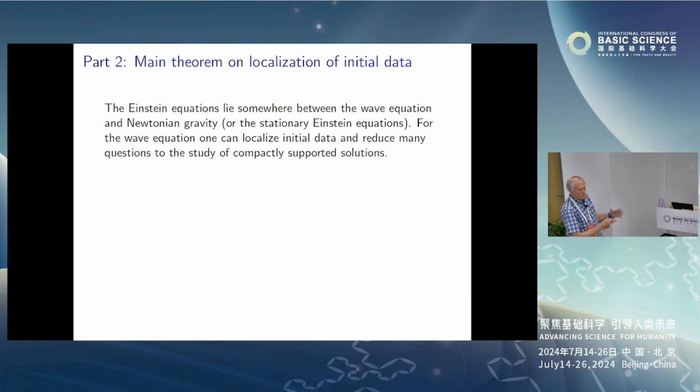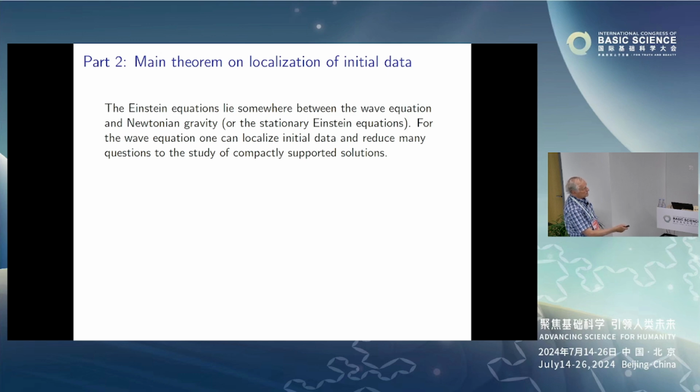For stationary solutions of the Einstein equation, they're like Newtonian gravity in that there's a sort of rigid asymptotic expansion. And so the question we want to ask is, what sort of behavior do we expect to be able to impose at infinity to produce asymptotically flat solutions for the Einstein equations?